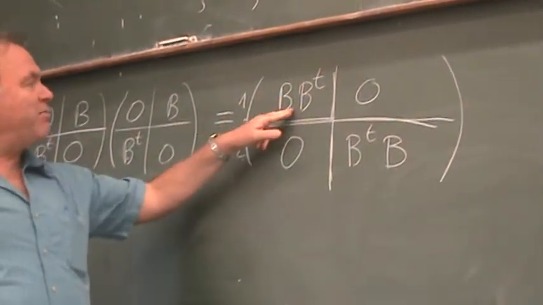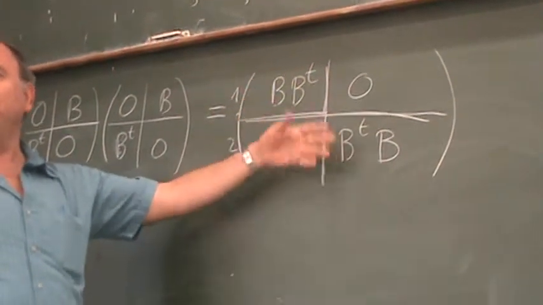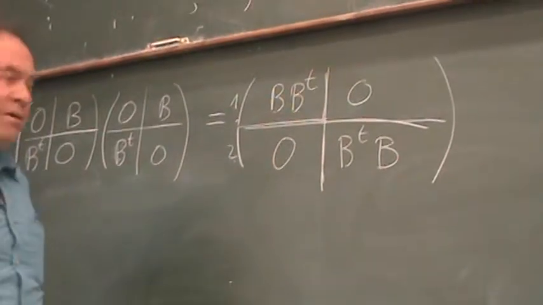You remember that the eigenvalues of this and this are the same except for zeros. But in a minute we'll see there are no zeros here, so they are really the same.